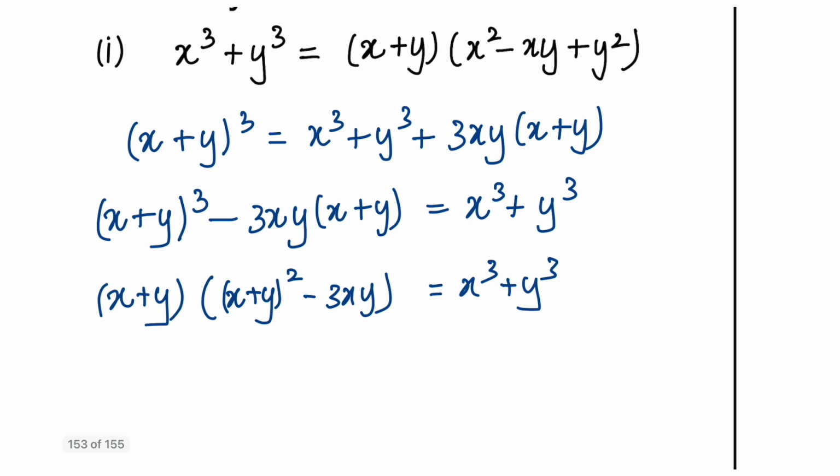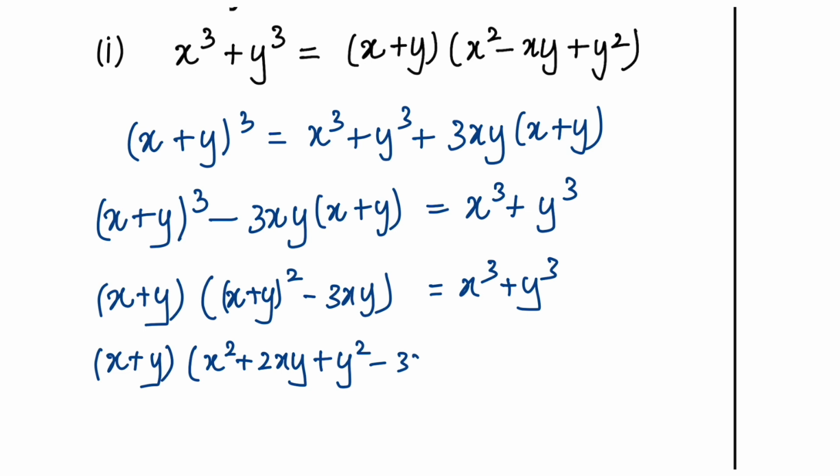Okay, now from these two terms you have just taken x plus y as a common factor. In the next step, let this x plus y be there as such. We are going to expand this x plus y the whole squared. So that is going to be x squared plus 2xy plus y squared minus 3xy, which is equal to x cube plus y cube.